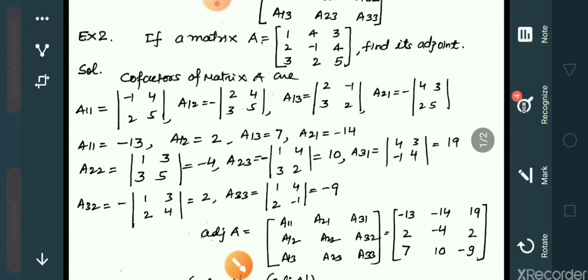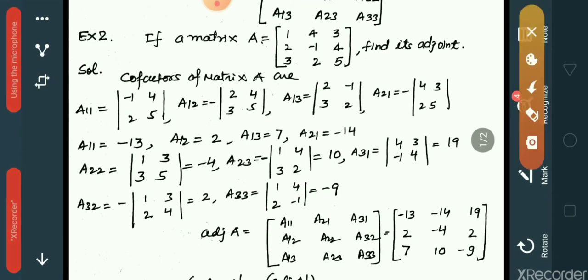And for A13 we strike out the third column and first row. So we are with the determinant 2, 3, minus 1, 2, and 1 plus 3 is 4, which is even, so it will be positive. After expansion, 4 plus 3, it will be equal to 7.